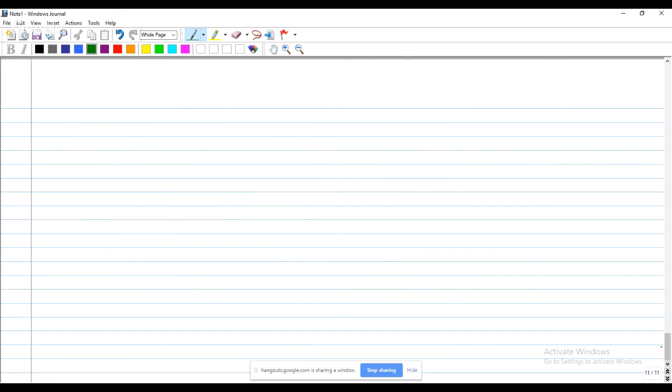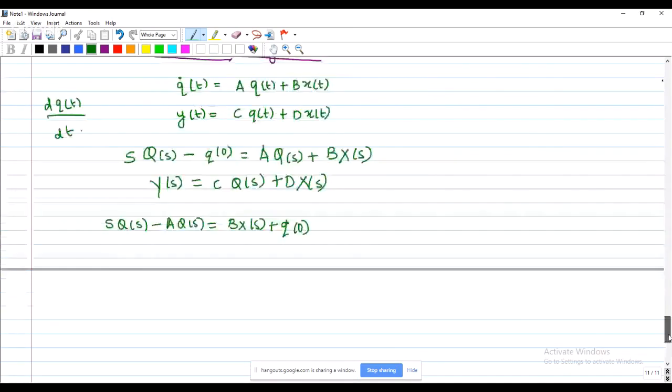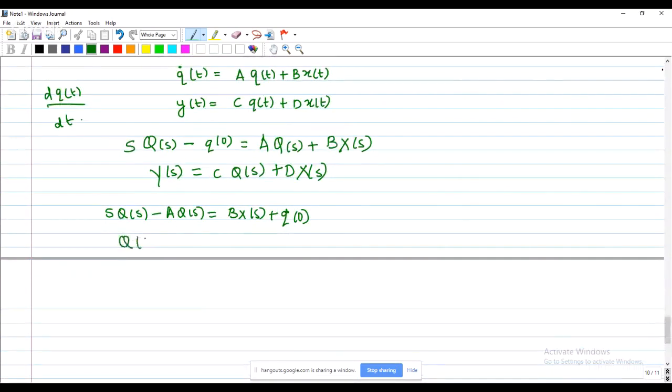Okay, so then taking q of s common, we get s I minus A times q of s equals B x of s plus q 0.